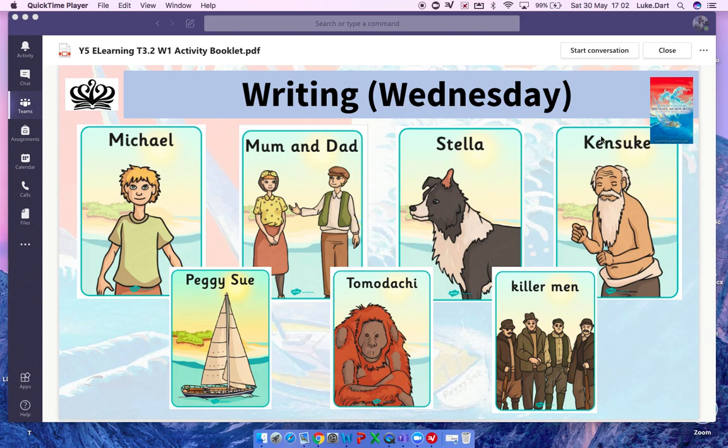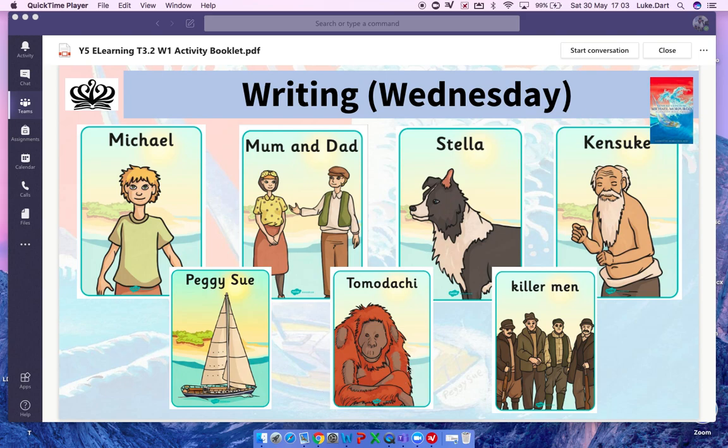Then you've got this really important character here called Kenzuki. Now, Kenzuki is not from the same place where Mum and Dad and Michael and Stella are from. There's then on the bottom left a picture of a boat called Peggy Sue. Apparently it's bad luck to sail or to go in a boat that doesn't have a name, and this particular boat is called Peggy Sue.